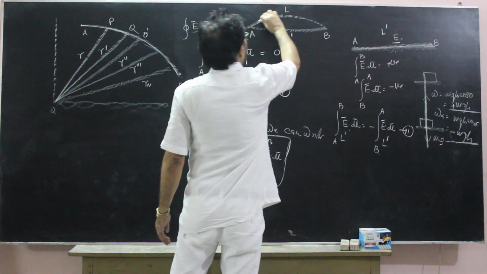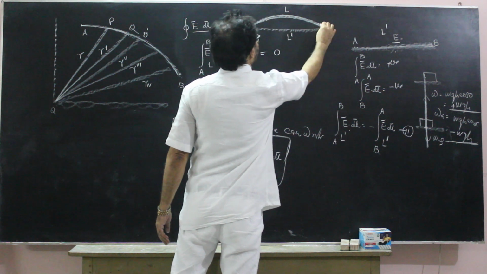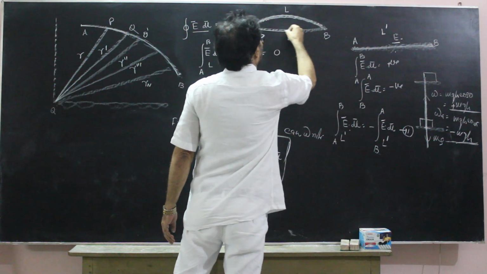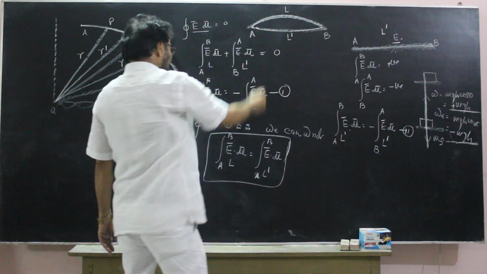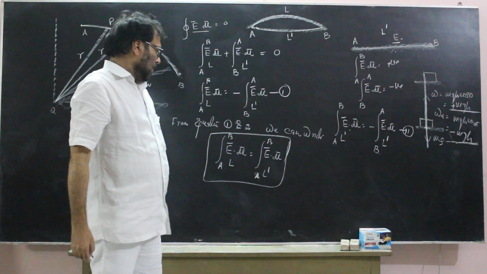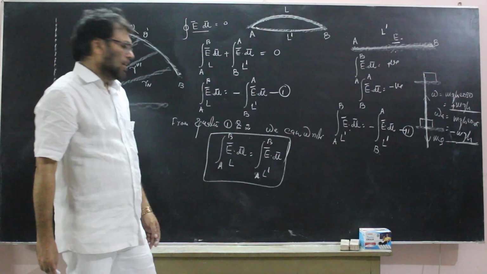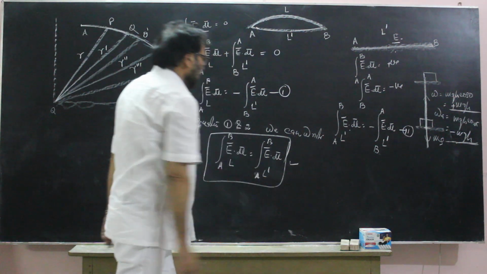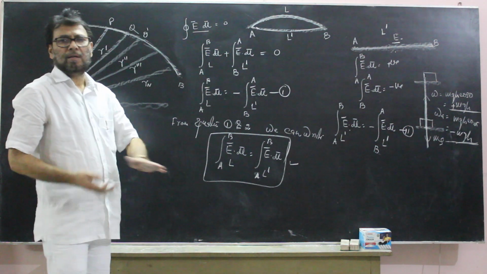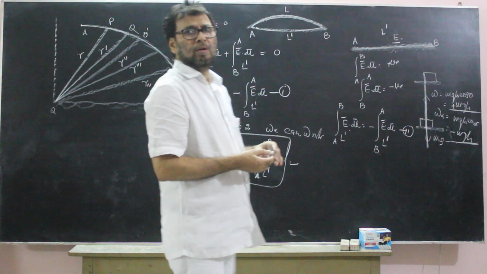E dot dl from A to B through L, यानी A से B तक हम जाते हैं, E dot dl कैलकुलेट करते हैं इस रास्ते से, और E dot dl कैलकुलेट करते हैं इस रास्ते से. E dot dl from A to B through L and E dot dl from A to B through L dash. Both are equal. That means E dot dl does not depend on path.